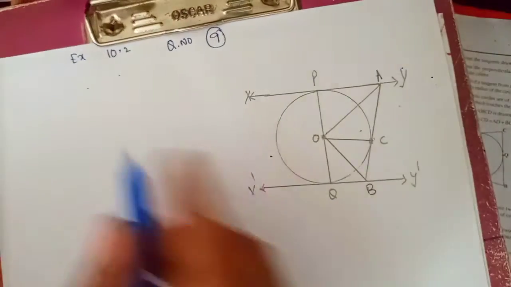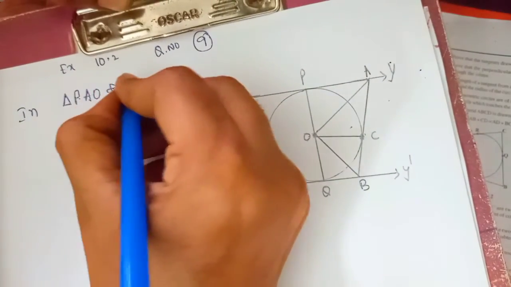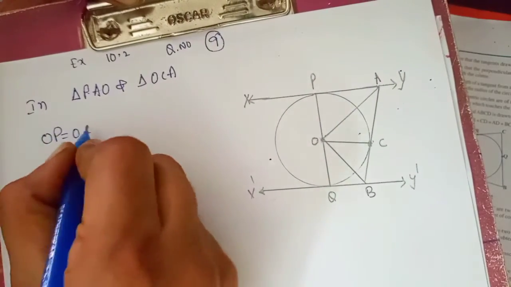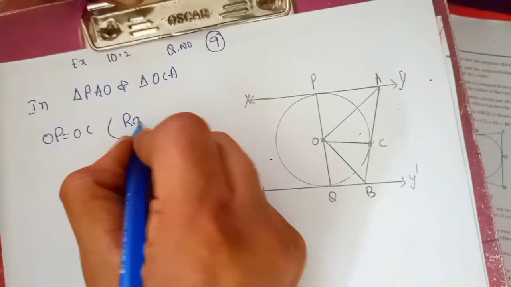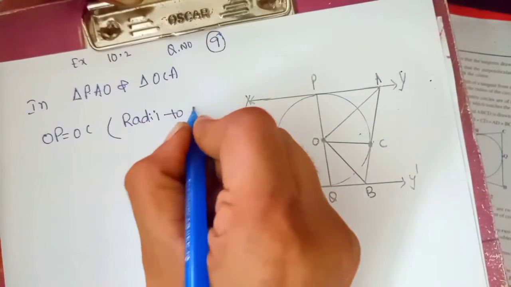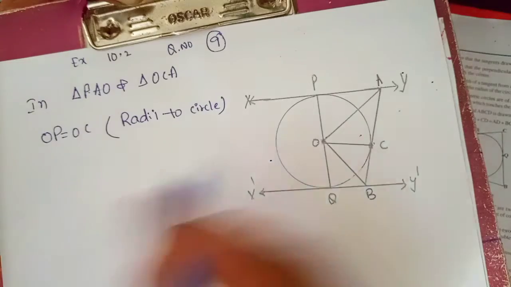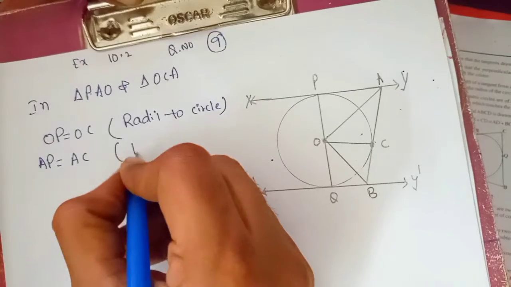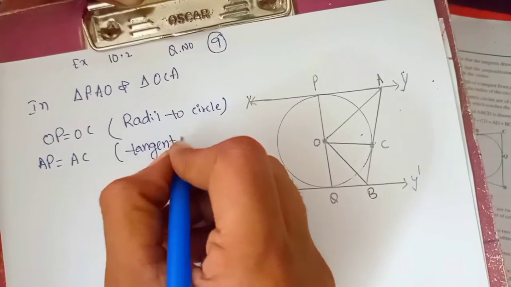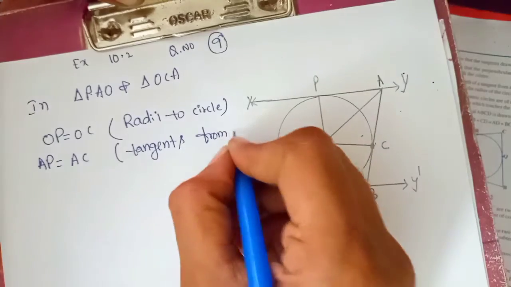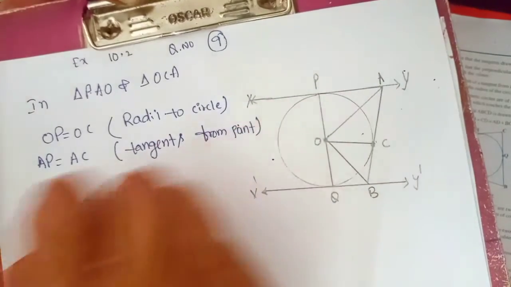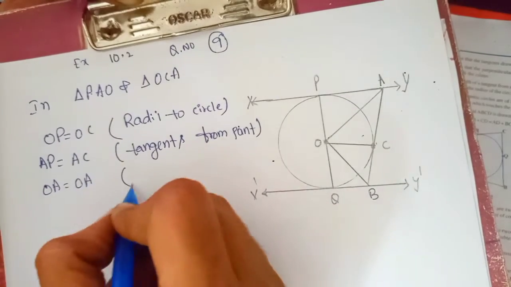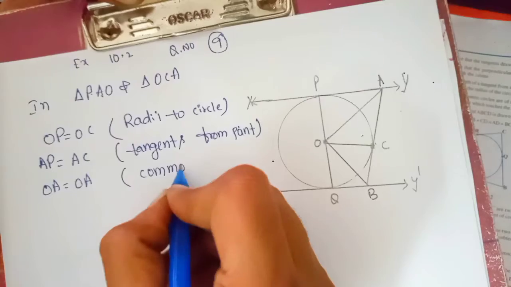Okay, first write down that in triangle OPA and triangle OCA, OP is equal to OC, these are radii of the same circle. And AP is equal to AC, these are tangents from point A. Next, OA is equal to OA, this is common side for both triangles.